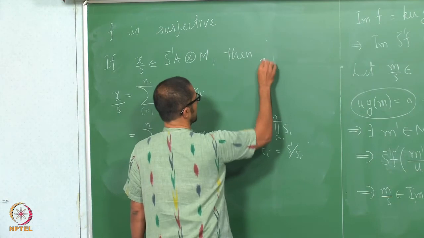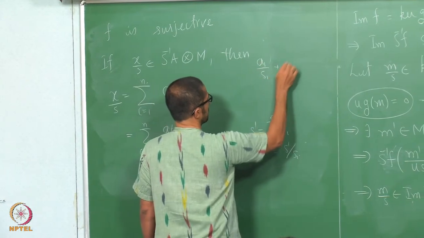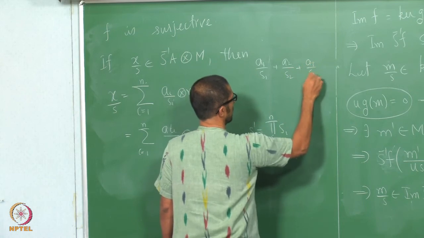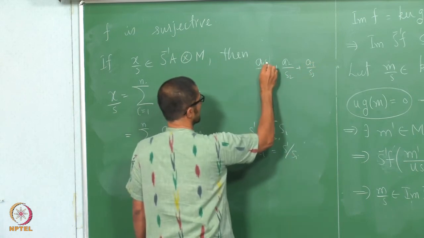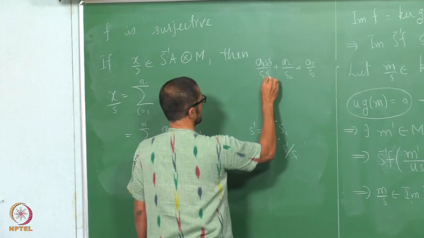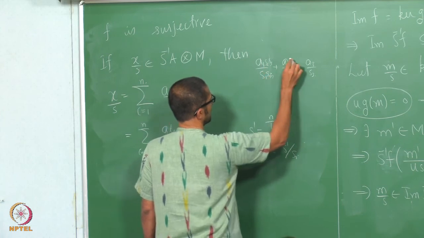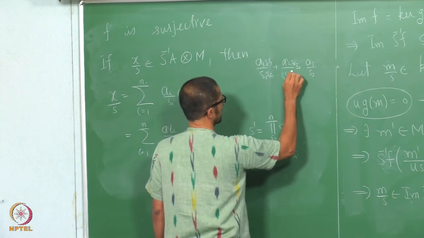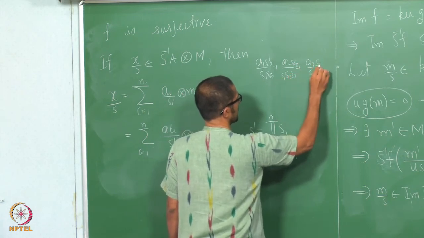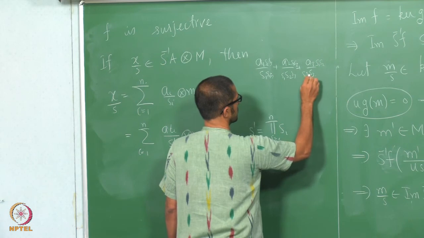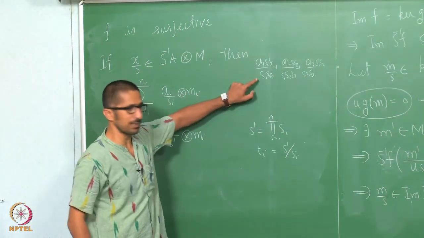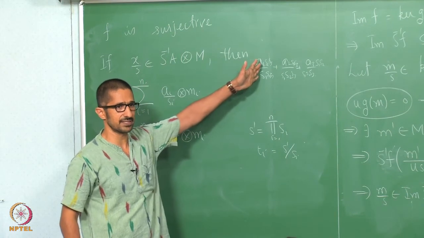Suppose I take 3, A1 by S1 plus A2 by S2 plus A3 by S3. What I do is I write this as S2 S3 over S2 S3, here I put S1 S3 over S1 S3, here I put S1 S2 over S1 S2. This is the same as A1 by S1 by definition of localization.